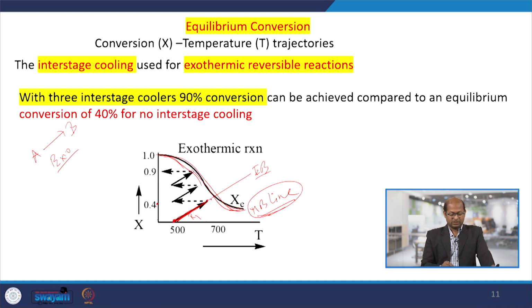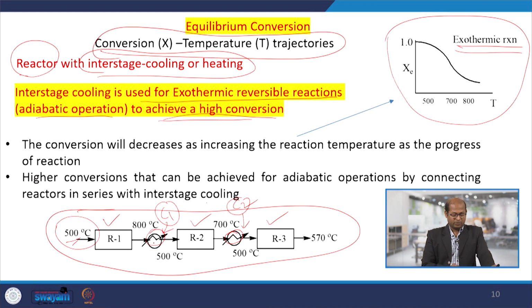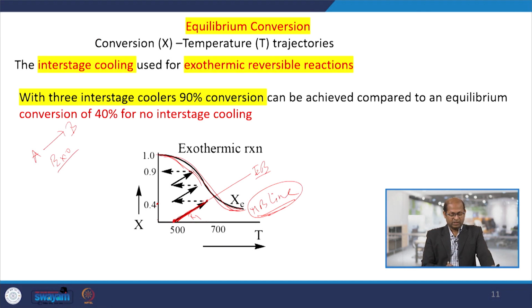Once it reaches here, we take out the reacting mixture and use a cooler to bring the temperature down to 500 again. Then in the second reactor we feed the reacting mixture at 500 degrees centigrade, when conversion was 40%. This is reactor 2.